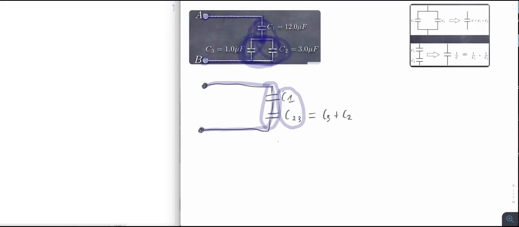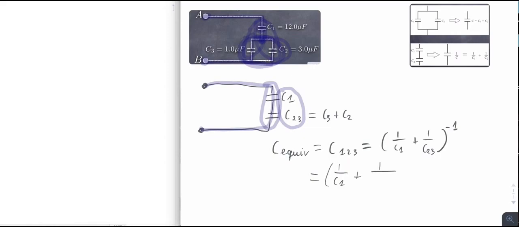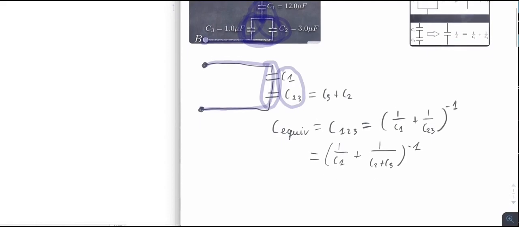So in other words, the final capacitance C equiv, or you could call it C123, will be 1 over C1 plus 1 over C23, all to the -1, or 1 over that whole fraction. So let's write this out: 1 over C1 plus 1 over C2 plus C3, all to the -1.